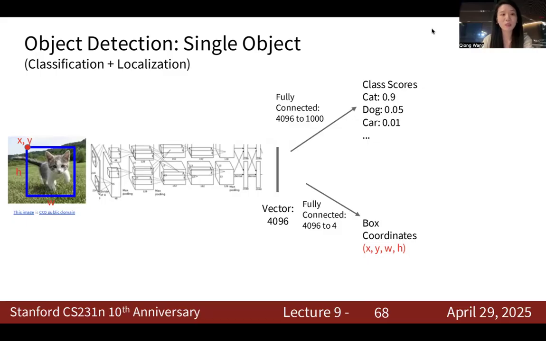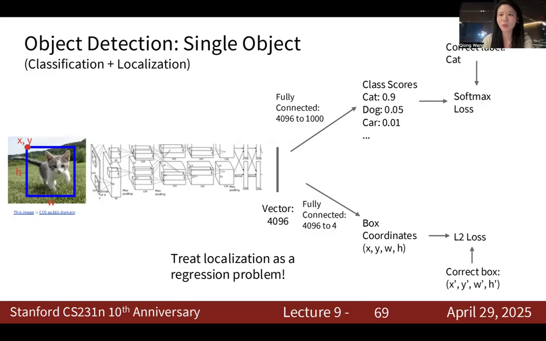We know the coordinates of the box for this object. For the correct label cat we use the softmax loss, and for the box coordinates we use the L2 loss to correct the box.